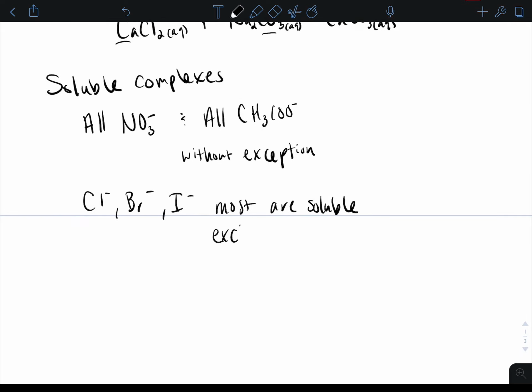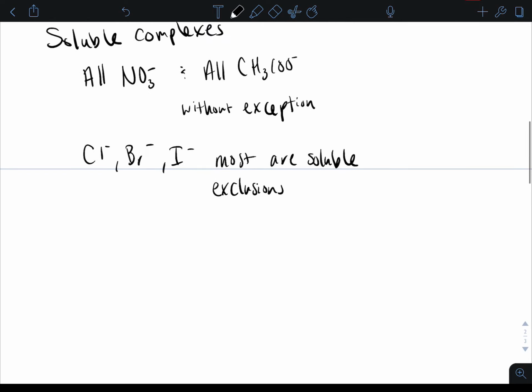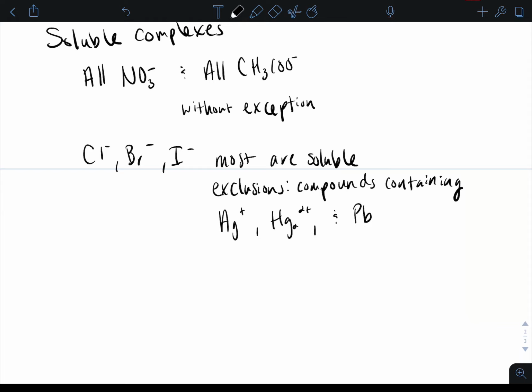Our exclusions here are going to be compounds containing silver, mercury 2, and lead 2. So if you have silver chloride or lead 2 bromide, mercury 2 bromide or lead 2 iodide, those are all going to be insoluble complexes.